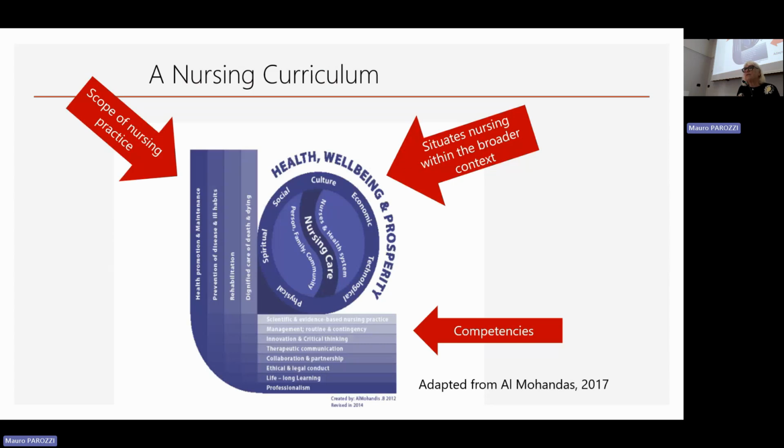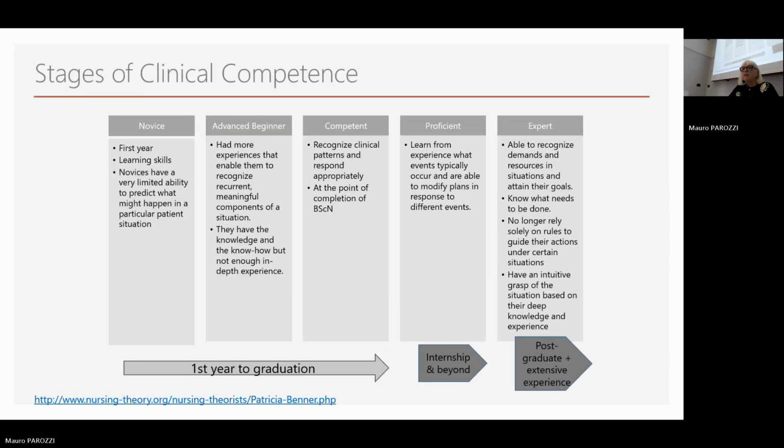How do you actually develop those competencies and assess them throughout the course of your training program? When you're assessing competencies, you also need to think about the level that you're expecting, right?